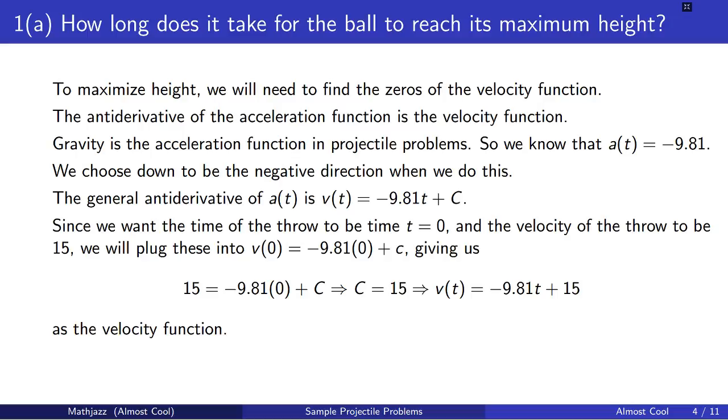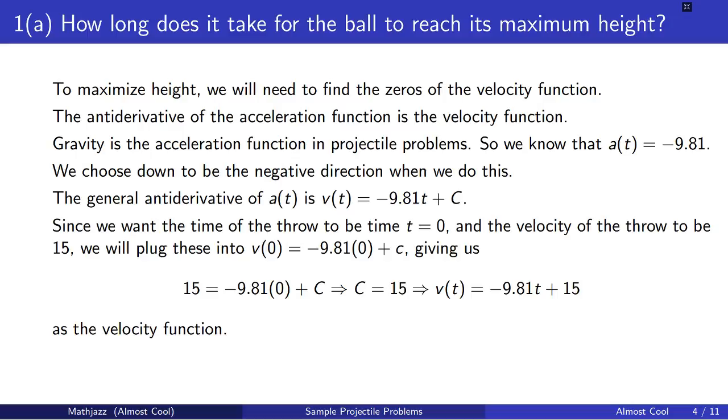We plug those into our velocity function, getting 15 equals negative 9.81 times 0 plus c, where c is our constant from anti-deriving. And so we get that c is 15. So our velocity function is v of t equals negative 9.81 t plus 15.